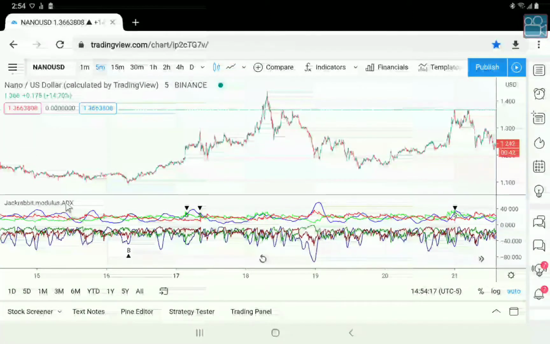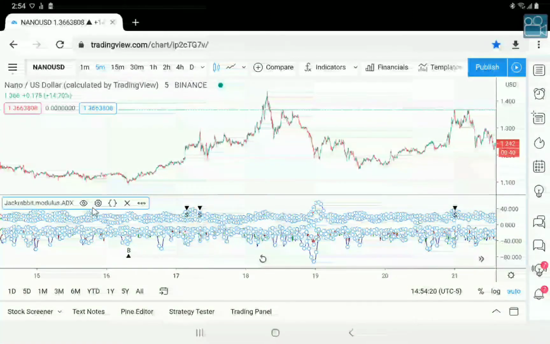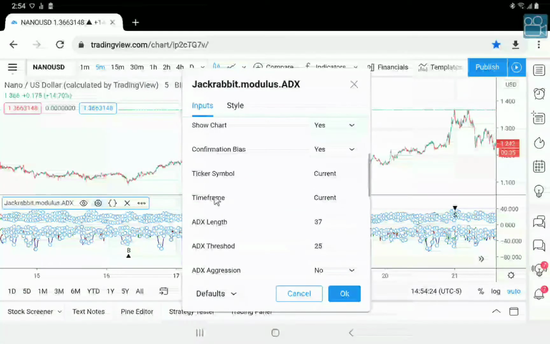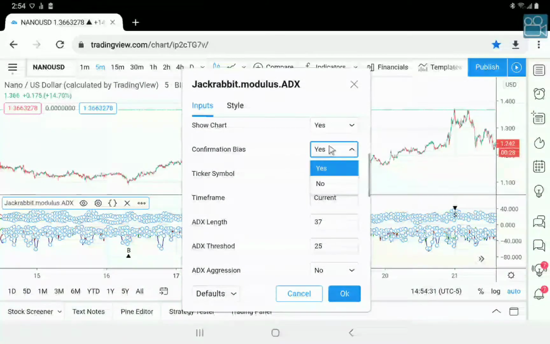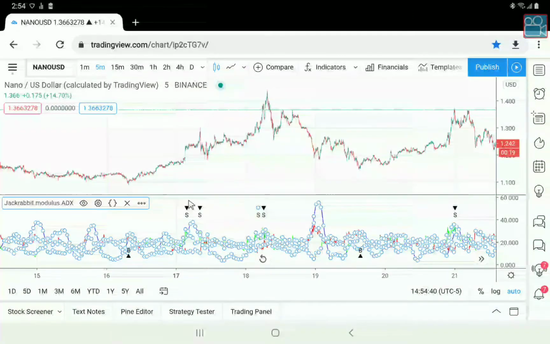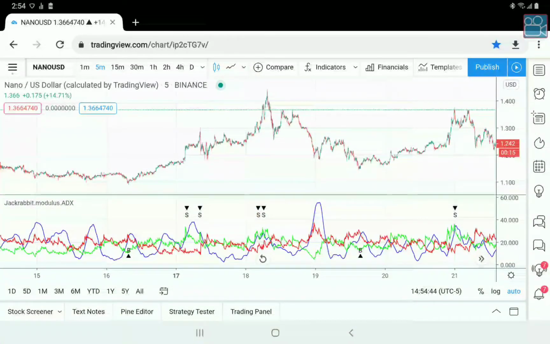You don't need confirmation all the time, but this example shows just how well confirmation bias can work with a given situation. ADX is one of the easier algorithms to use with confirmation, but ADX also works extremely well with the DCA module as a trend hunter or a trend scalper.